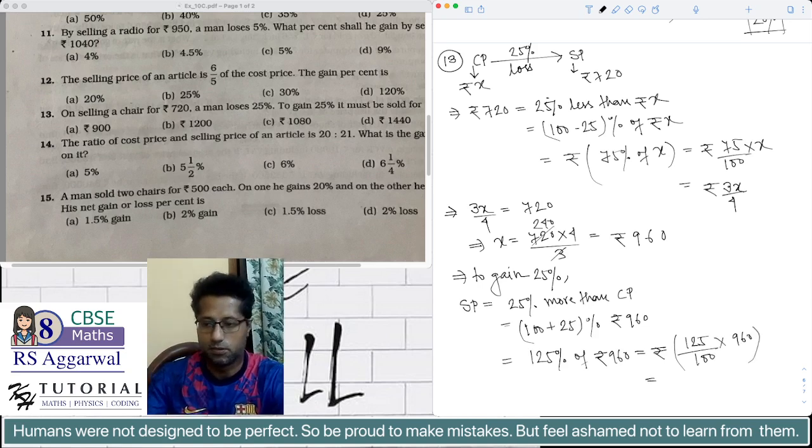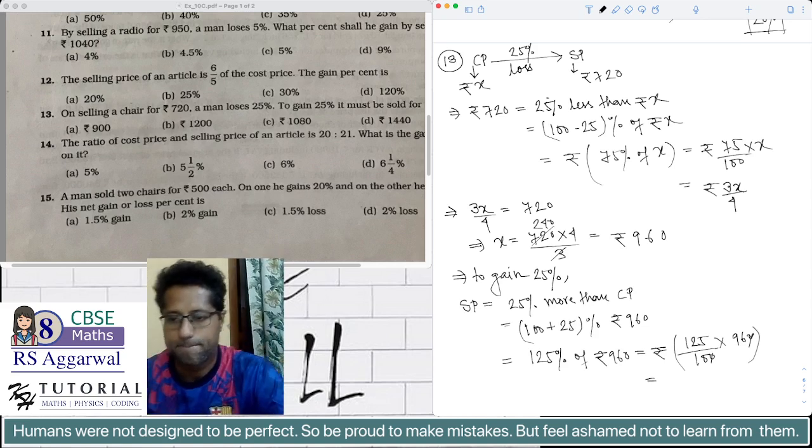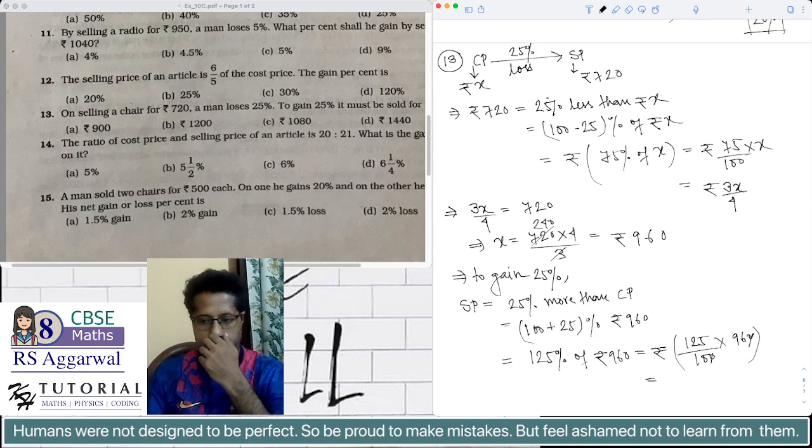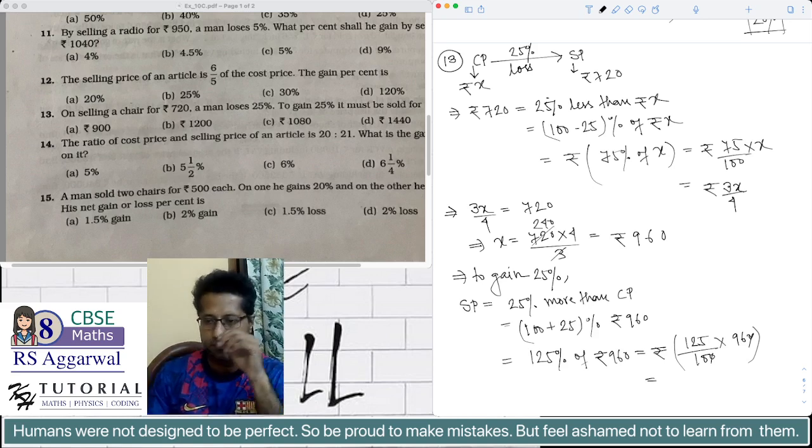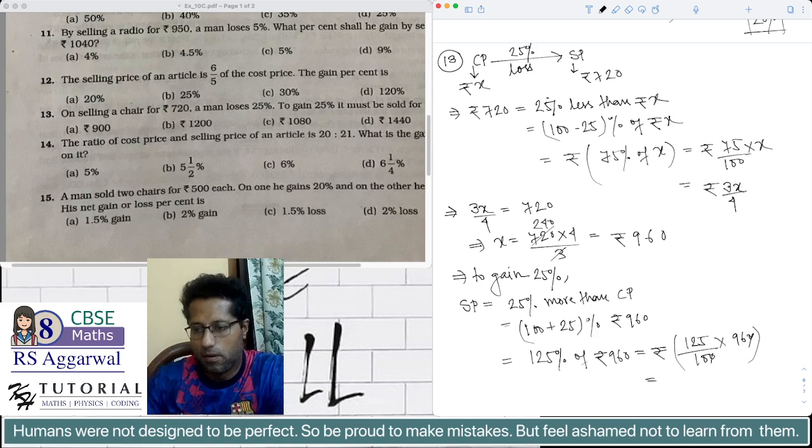This after simplification, 960. 4 divides 100 with 25. 4 divides 960 with 240, and 25 divides 125 with 5.